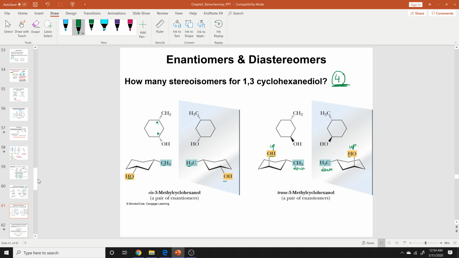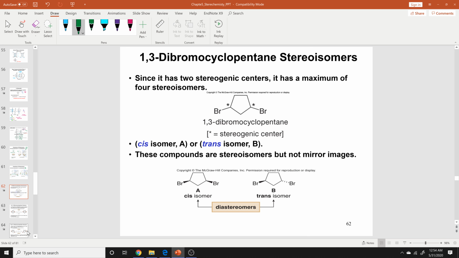Whatever is down stays down. If you have cis substituents, their mirror image has to be cis. So this is down, down. This is cis. That is going to be down, down, and this is again cis. So cis has a cis mirror image. Trans, this is up, down, trans. Trans has a trans mirror image.